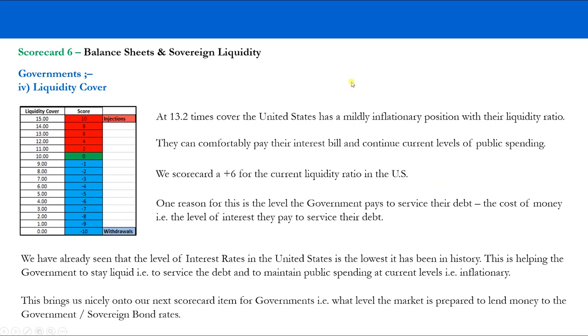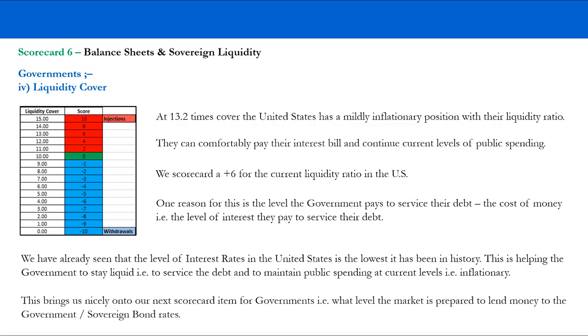And the US is currently at 13.2 times cover, which means they have a mildly inflationary position when compared to history. When we compare the current liquidity ratio to past liquidity ratios and the range that the US has put in historically for that liquidity ratio.